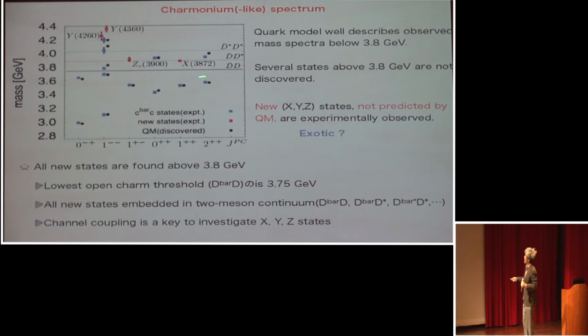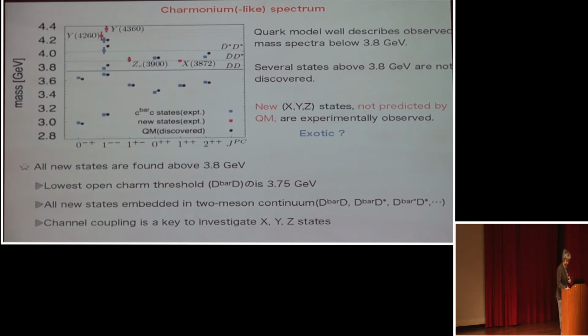All new states are embedded in the two-meson continuum, like D D-bar, D D-bar star, D-bar star D star. So they are above the open channel to meson states. Therefore, channel coupling is very important to understand the nature of X, Y, Z states.